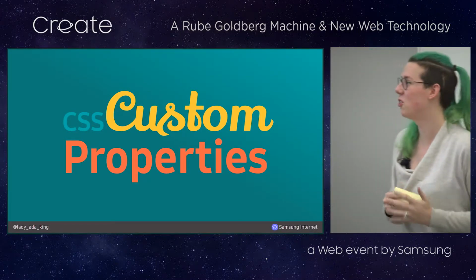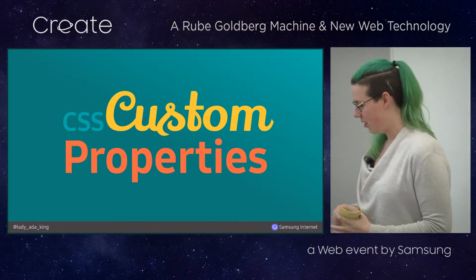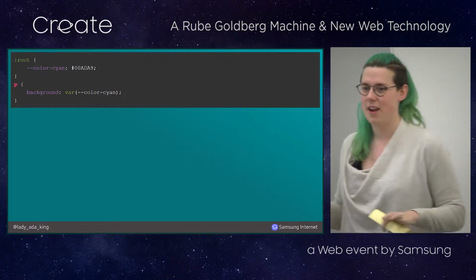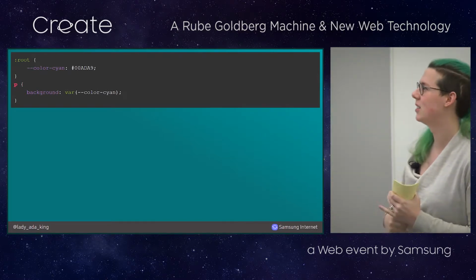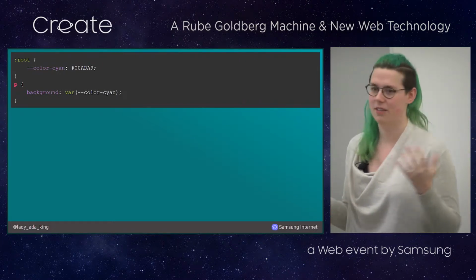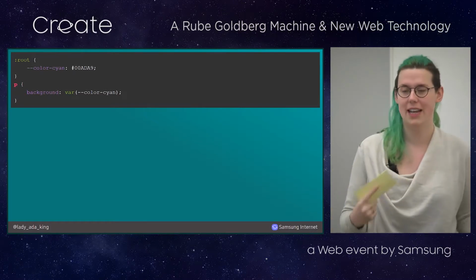Wow, okay. I'm about to show you something which is super awesome if you like CSS. So CSS Custom Properties, they're kind of like variables, but better. Like a variable, you can take some value and assign it to a property, and then you can use it later.